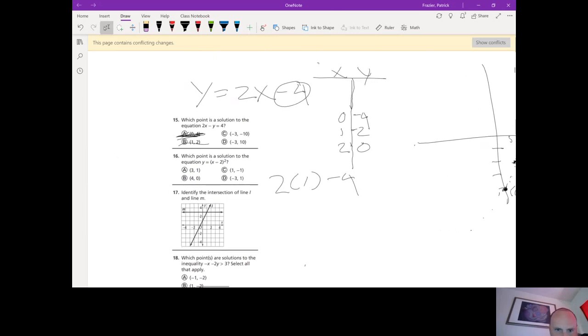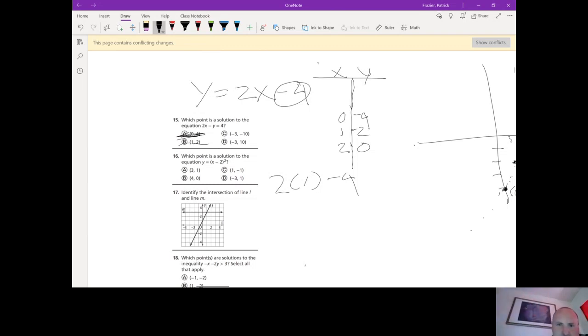Okay, see a little pattern where they're trying to trick us with A and B, where instead of negative 4, it's positive 4. Instead of negative 2, it's positive 2. They're very clever with that. C, negative 3 and negative 10.